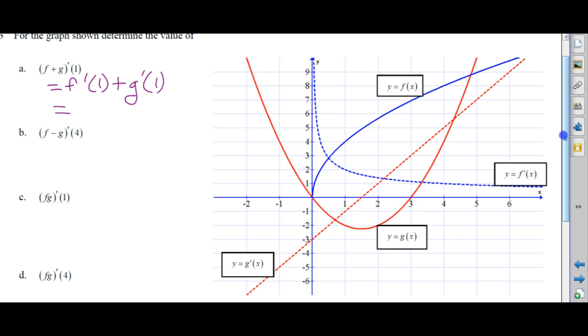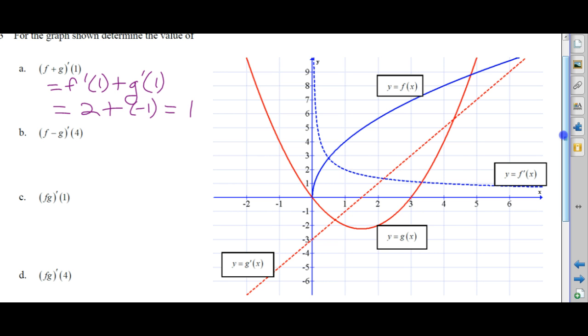When x is 1, f prime of 1 is 2. When x is 1, g prime of 1 is, find it on yours, you're looking for an x value of 1 and you're looking at the g prime curve. So g prime of 1 is negative 1. So we have 2 plus negative 1, which is 1.